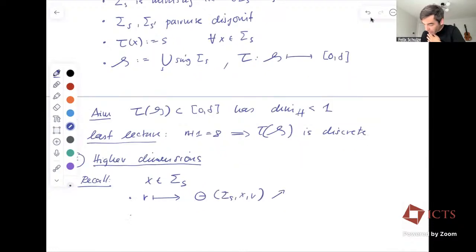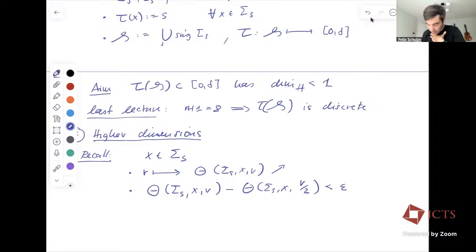And we had the following statement. If we look at theta of sigma s, x, r minus theta of sigma s, x, r over 2, remember, if this is equal to 0, we know we are on a piece of a cone, but we argued by compactness that if this is small, less than epsilon, then we get, okay, let's do a bit more precise statement.